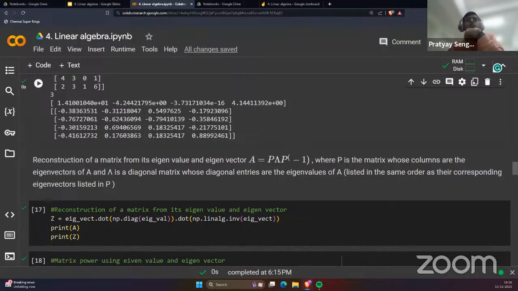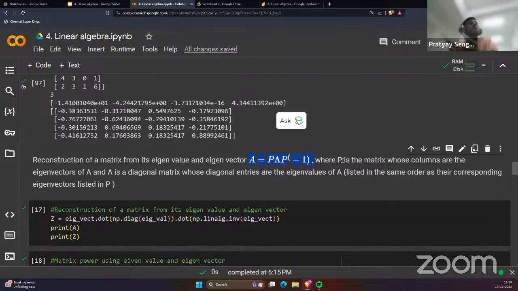Now if you know the eigenvalue and eigenvector, can you construct the matrix? The answer is yes. So there is this formula which gives you the opportunity to construct the matrix if you know the eigenvalue and eigenvector. So P is the matrix whose columns are the eigenvectors of A, and this lambda is a diagonal matrix whose diagonal entries are the eigenvalues of A, right?